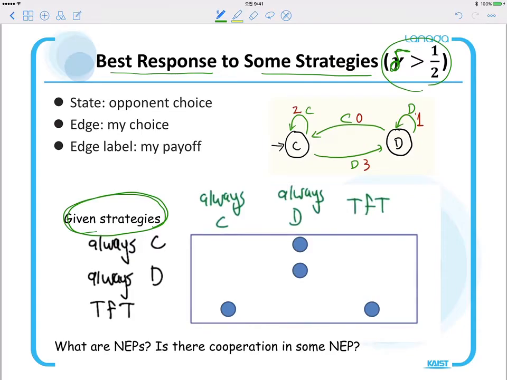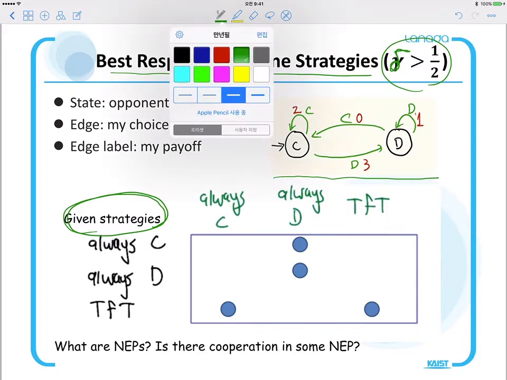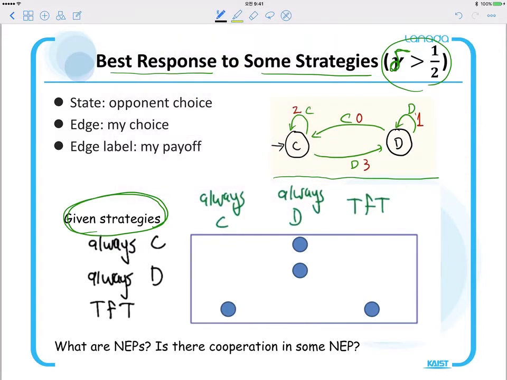Now, in order to make the explanation easy, let me show you another finite state machine, and that finite state machine is actually the same as the previous one. I'm just changing a little bit how to use this state machine.